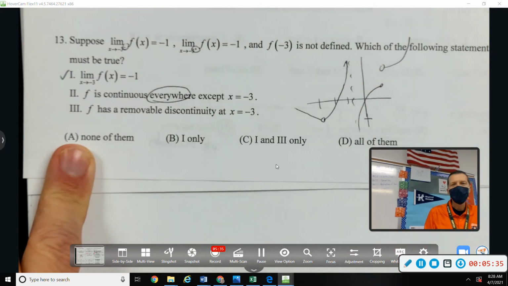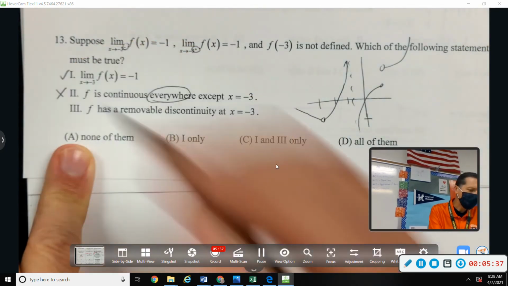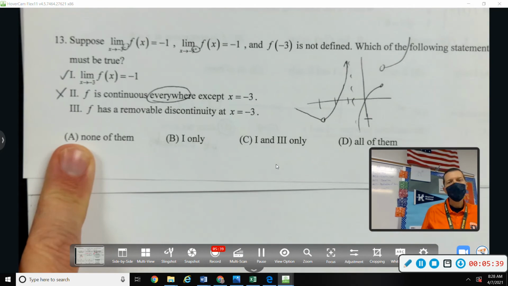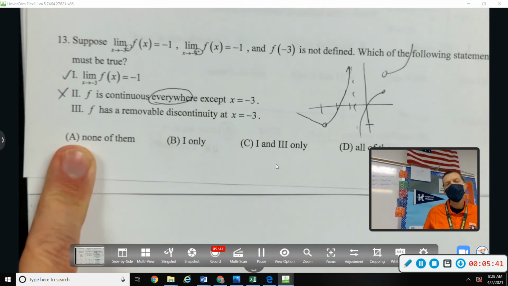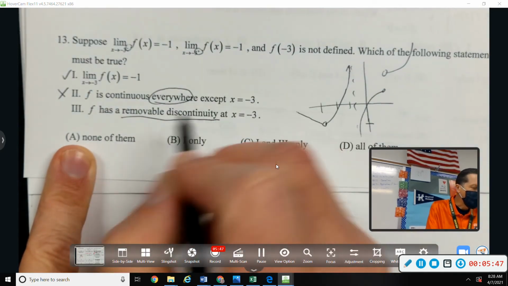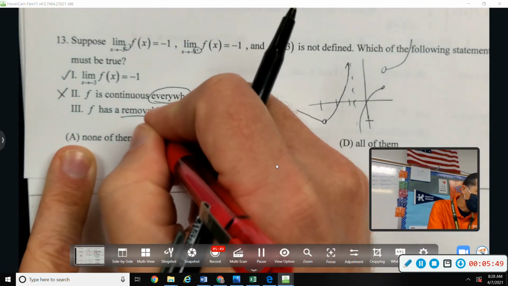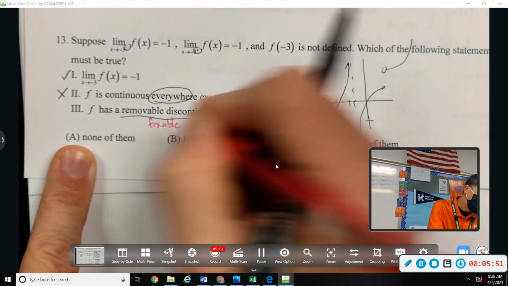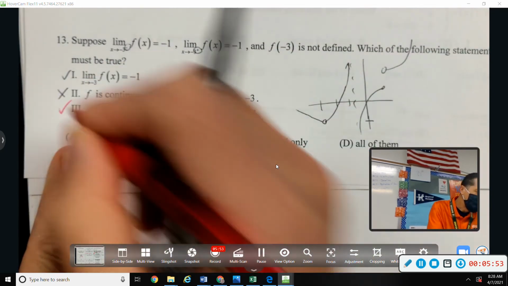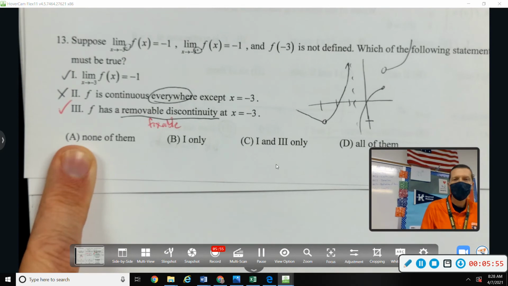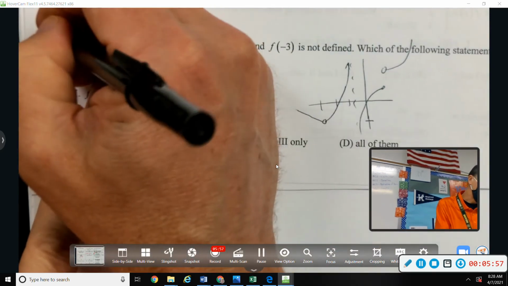We don't know, so I can't say anything about stuff elsewhere. All I know is what's going on at negative 3. F has a removable discontinuity, meaning if I fill the hole, a fixable discontinuity. Yeah, if I filled that hole, it wouldn't be discontinuous anymore. So I think it's 1 and 3.